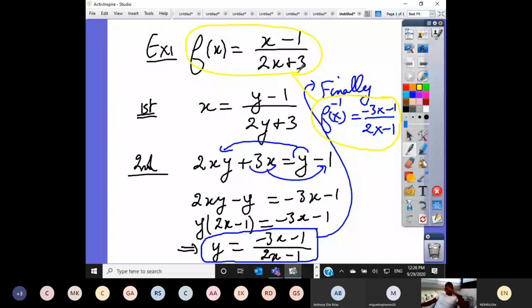That's why you have to follow these steps. And here f minus 1 is minus 3x minus 1 over 2x minus 1.